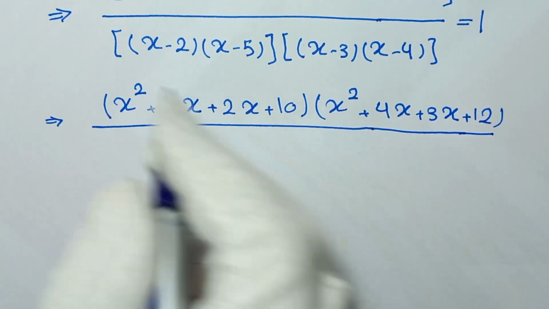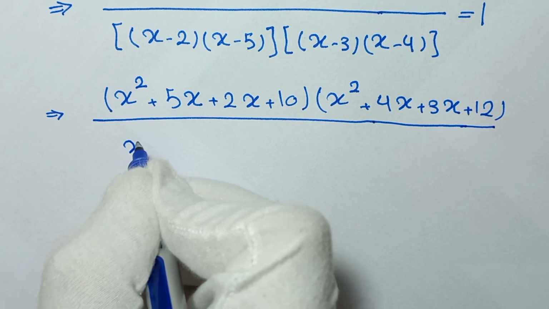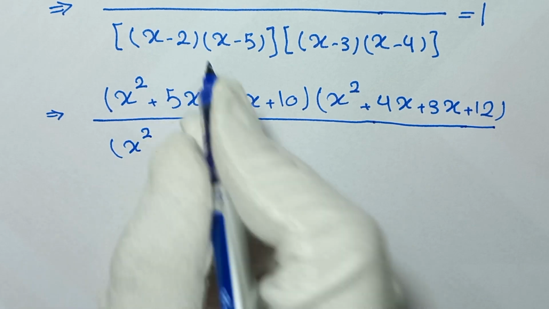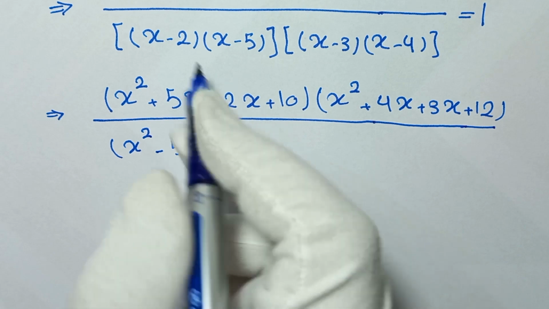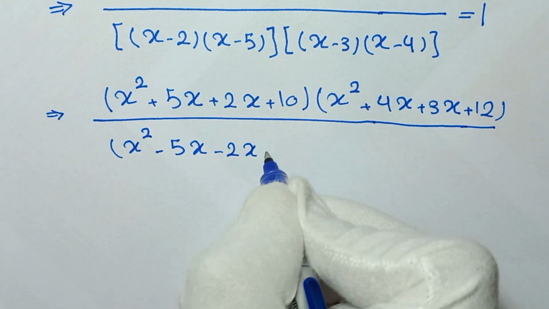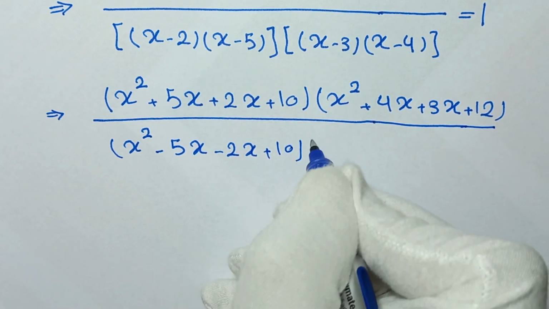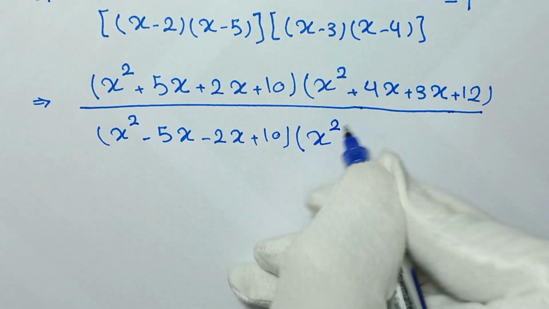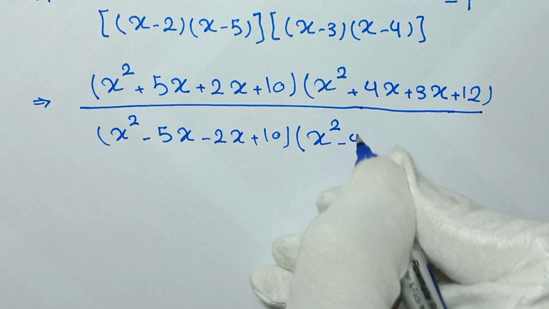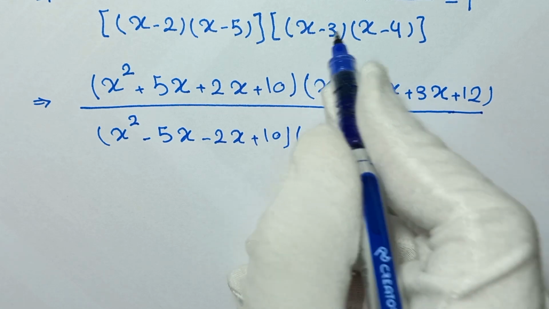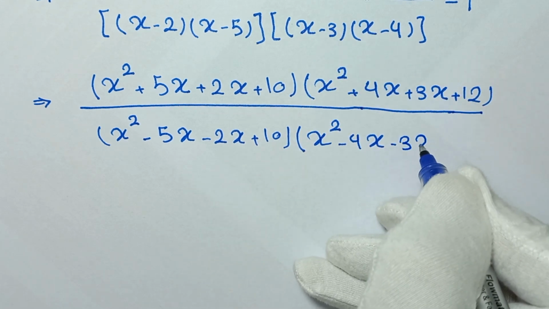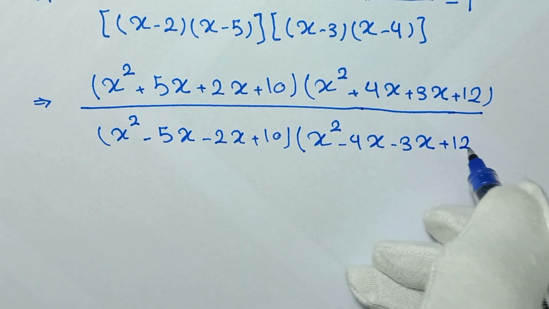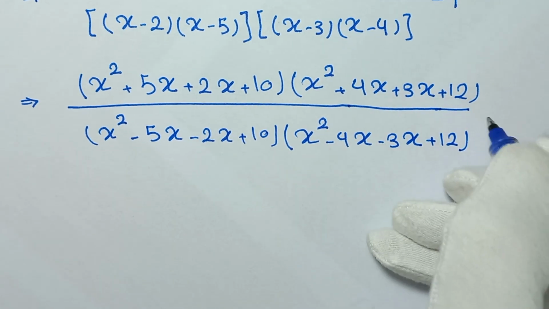Over, in here, it will be x squared minus 5x and minus 2x, and negative 2 times negative 5 is positive 10. And for this, x times x is x squared, x times negative 4 is negative 4x, negative 3 times x is negative 3x, and negative 3 times negative 4 is positive 12, is equal to 1.